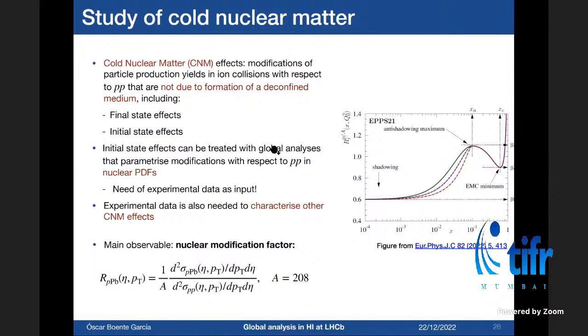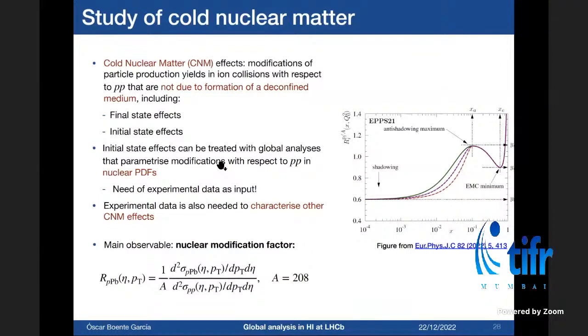Initial state effects are generally treated with global analyses that parameterize these modifications with respect to PP, and this is done in nuclear PDFs. So you have here, for instance, the typical shape taken from a nuclear PDF analysis, and you have this modification on the vertical axis, which is basically the ratio between the PDF in the nucleus and in the proton for a given flavor.